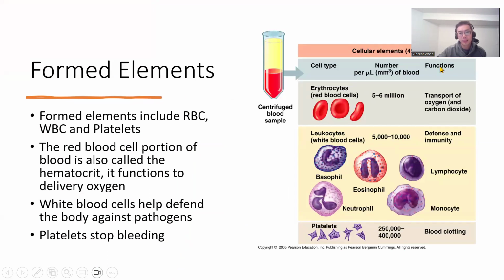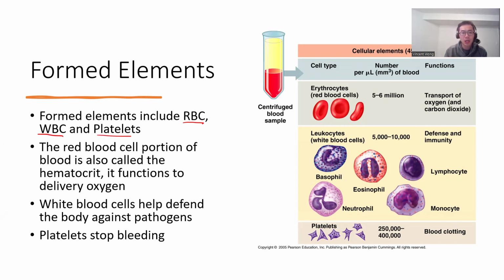The other part of the blood is the formed elements. That's like the bottom portion of the centrifuged blood sample. After you spin it down, the bottom portion is the formed elements. So we have the red blood cells, white blood cells, and platelets. Now this is where things get a little bit confusing.